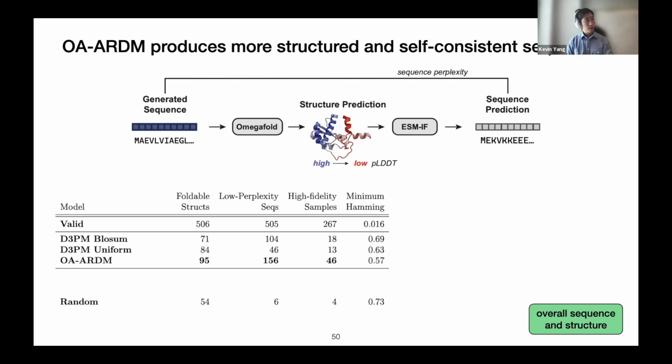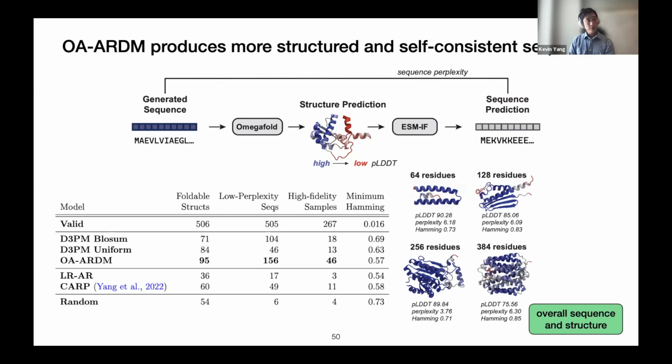If we look at our diffusion models, once again, OA-ARDM does seem to do better here. It is slightly less diverse, actually, but you get much higher quality samples. And the baselines are more diverse, but the sample quality is much lower.